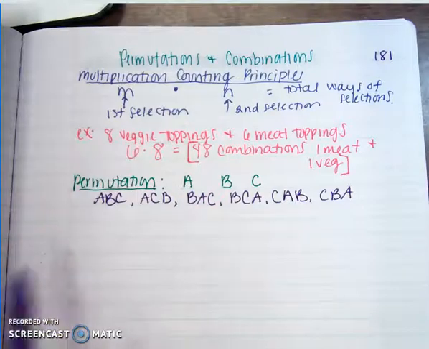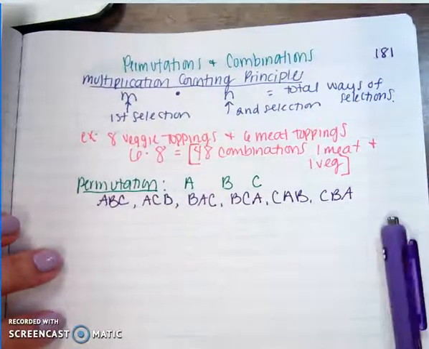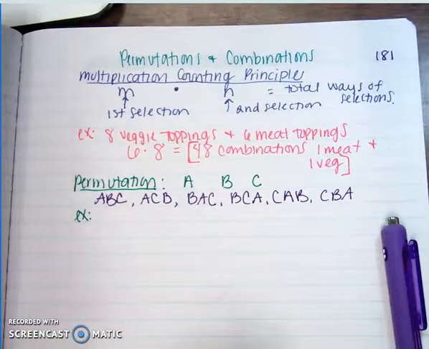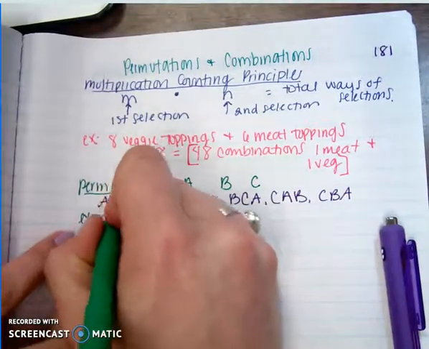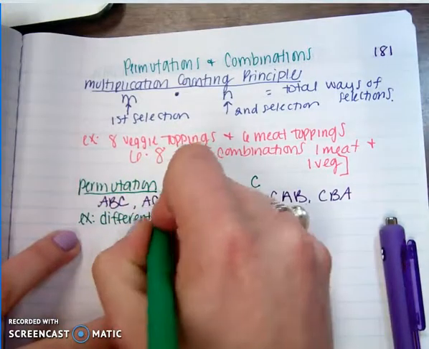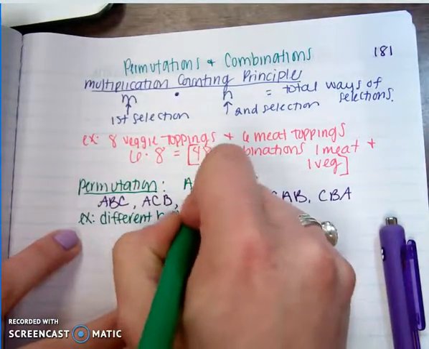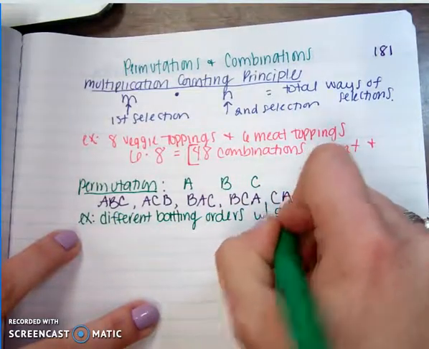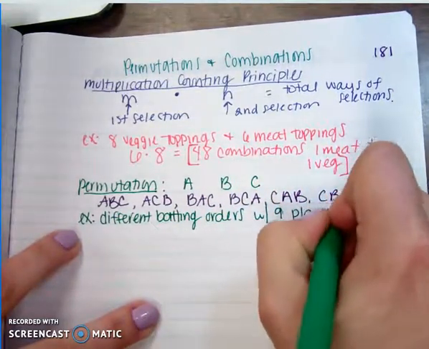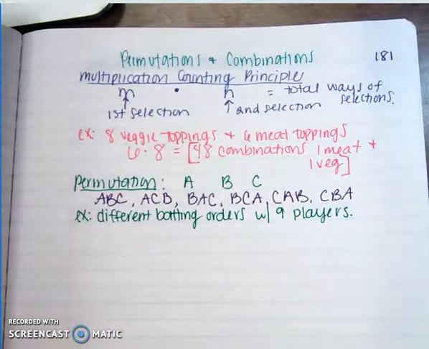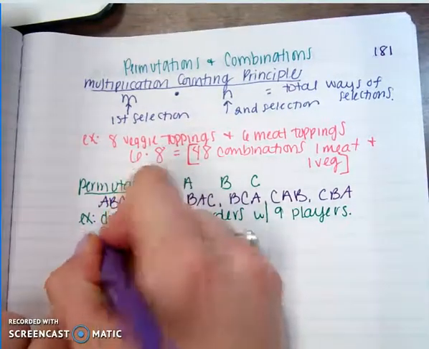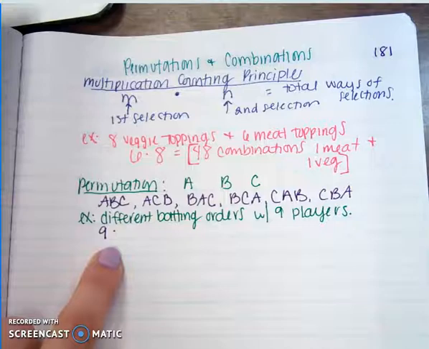Now, let's look at another example for permutation. Let's talk about different batting orders with 9 players. So how many options are there for the first one? There's 9 different players I could choose from for the first batter.